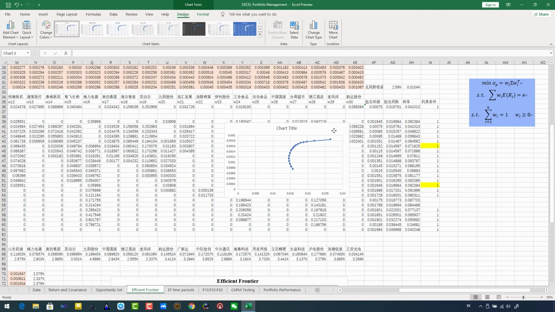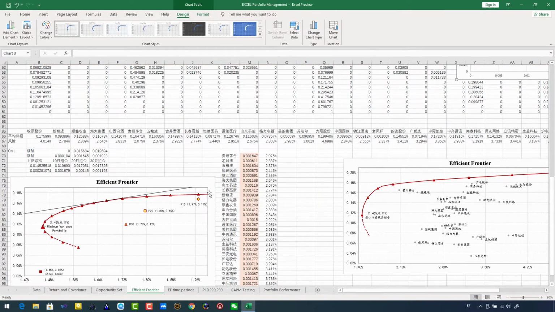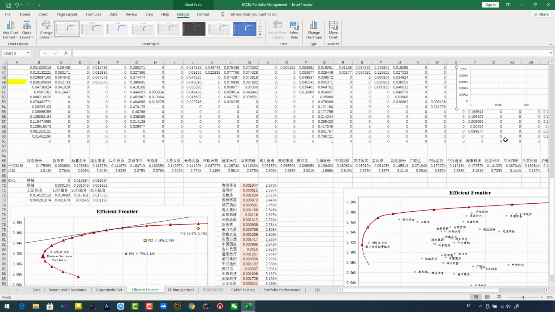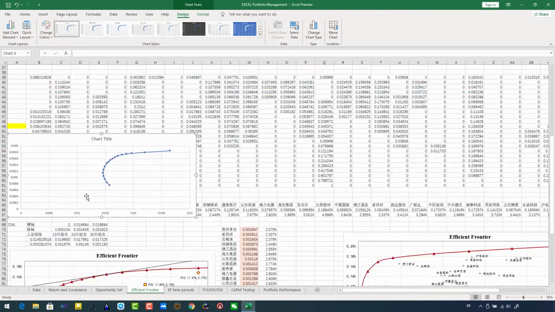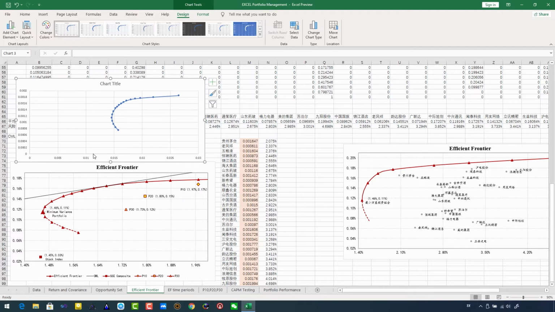Okay, so you will draw this efficient frontier. But this graph is not as good as mine, so you can change the style and the color, and you can also change the x-axis, so the smallest point on the x-axis can begin from 0.014, like my graph.